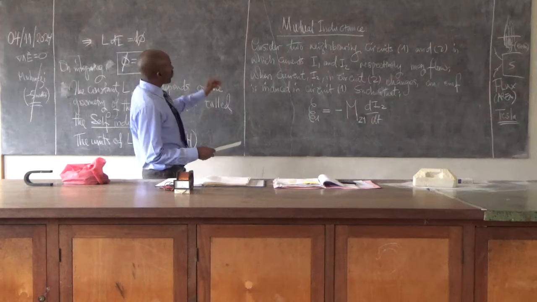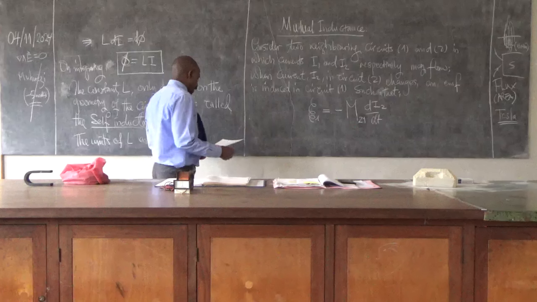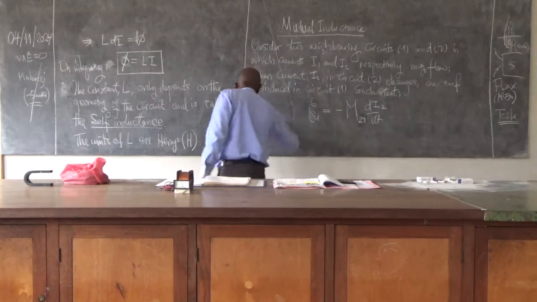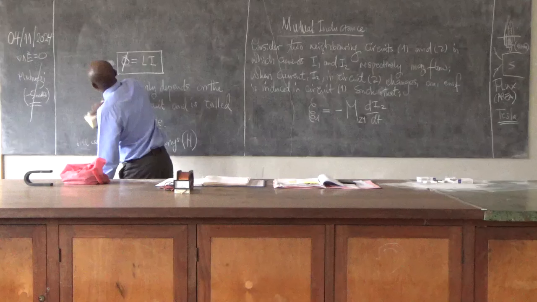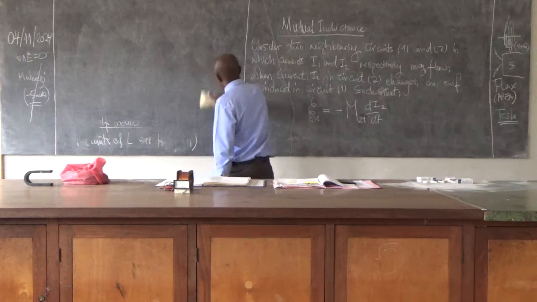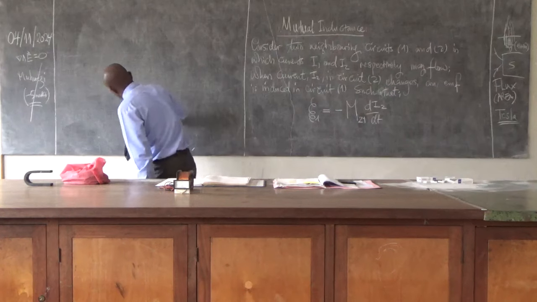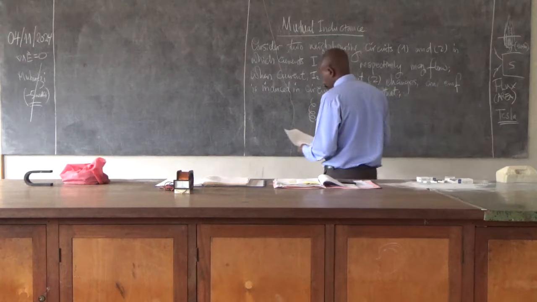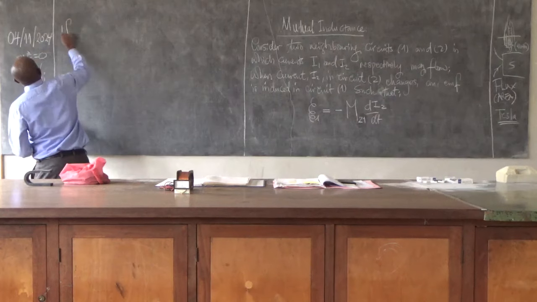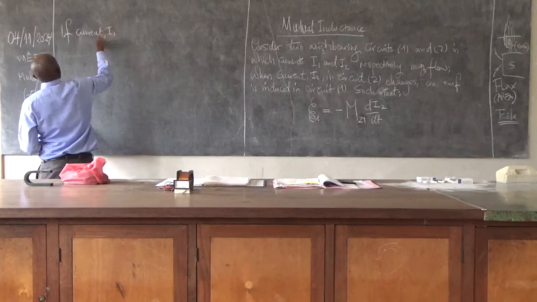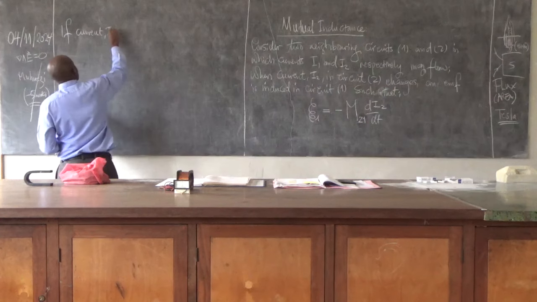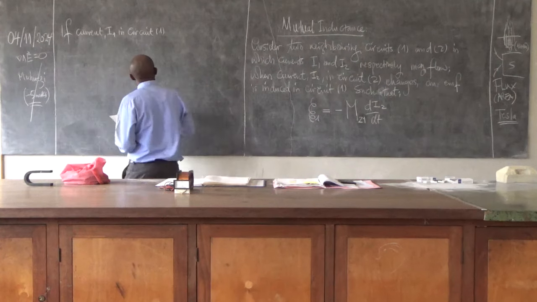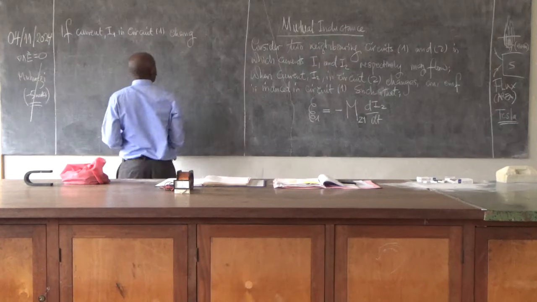Now, that is when the current I2 was changing. So, if current I1 in circuit 1 changes, its field will influence circuit 2.